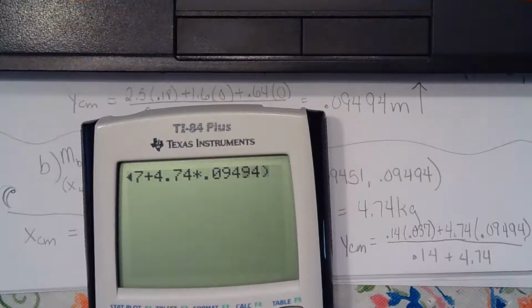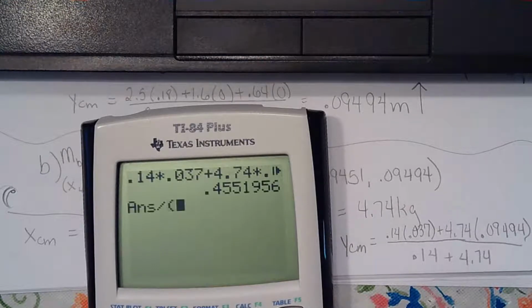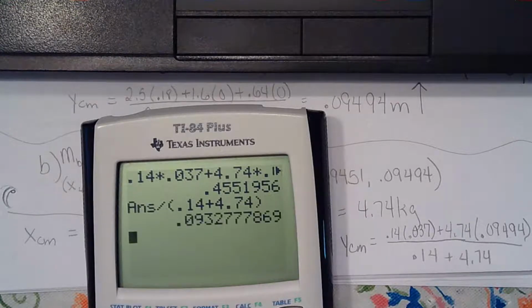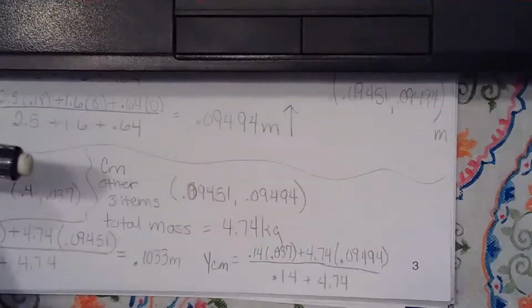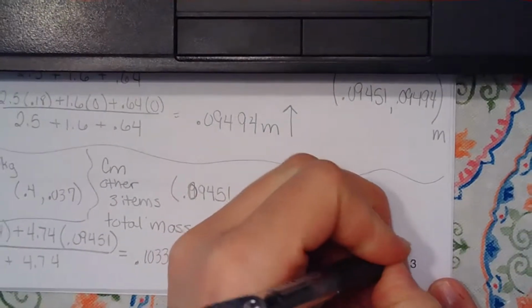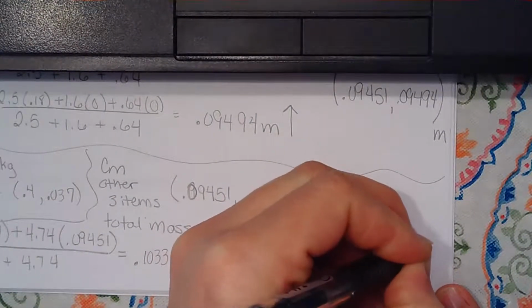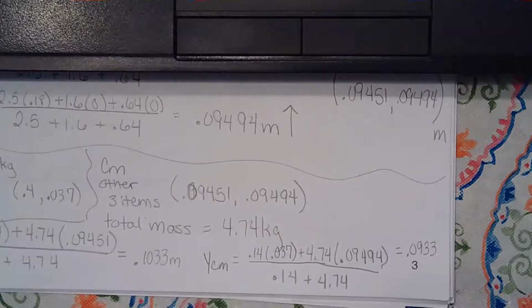Now, did I put parentheses at the beginning of this? I don't think I did. Divided by 0.14 plus 4.74. I'd really like you guys to be doing this to verify that you get the same answers I am. So that equals 0.0933, and this is also measured in meters.